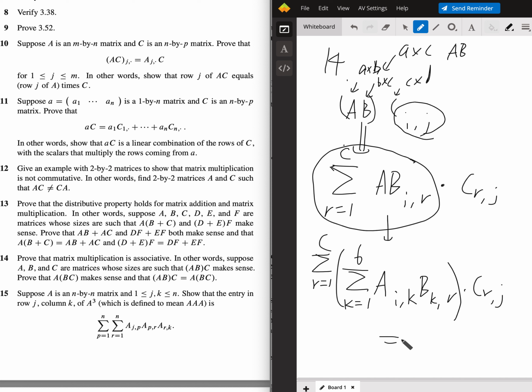And then if you just put everything together, you're going to get a_ik, b_kr, c_rj, where k is varying between 1 and b, and r is varying between 1 and c. And I think in fact you can switch those summands; the order in which you perform those sums does not matter, so you can switch them around.